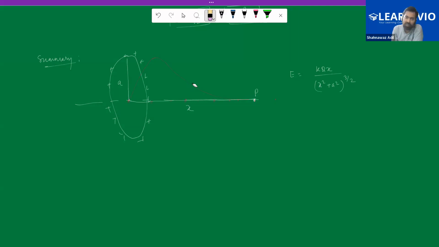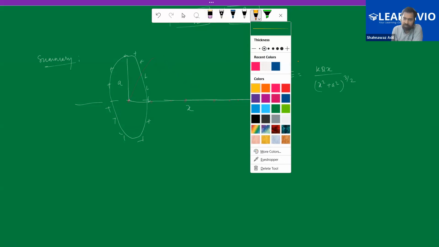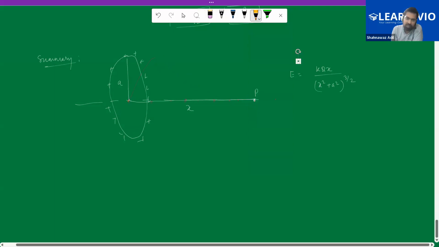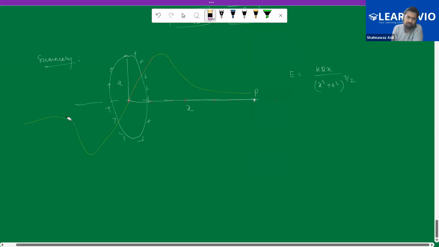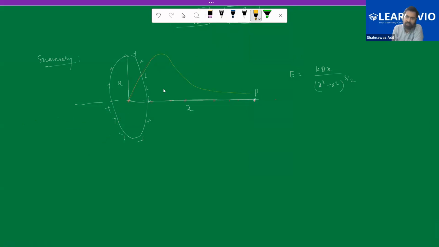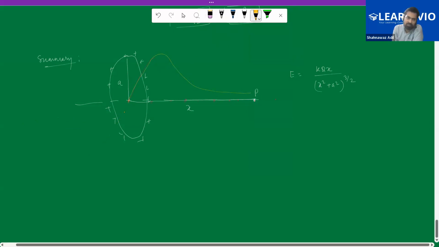This is the graph that we have obtained, and this is how the electric field will vary. It will go to a maximum and then decrease. Similarly on this side, it will go to a maximum and then decrease.